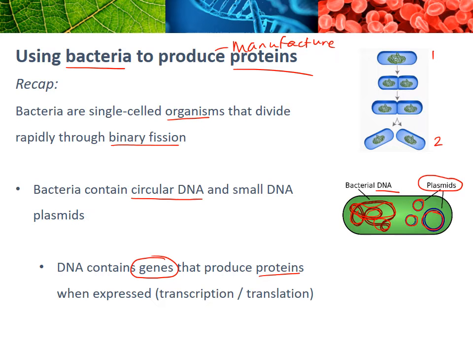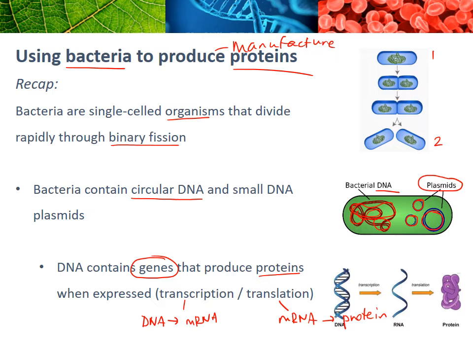And by expression, we mean we go through transcription, which is going from DNA to mRNA, what we looked at the very beginning of the year, and then translation, when we go from mRNA into a protein. This happens in any living organism that has DNA. So it's the same in bacteria as it is in humans. And that's our little image of that there.